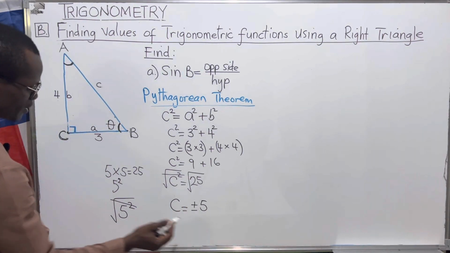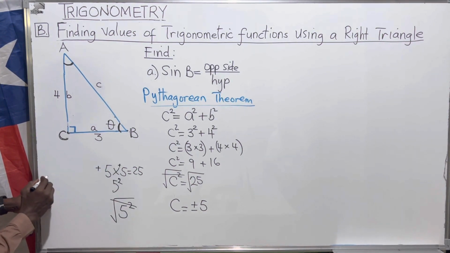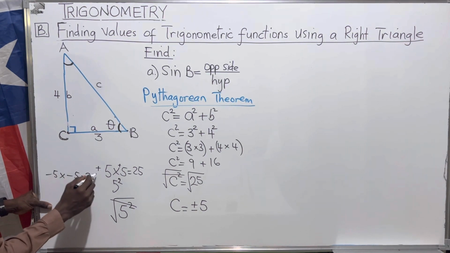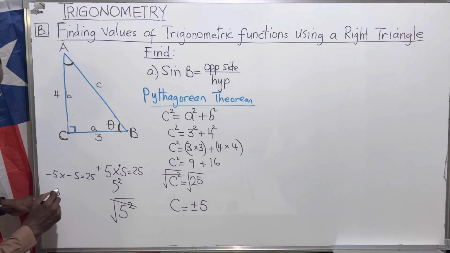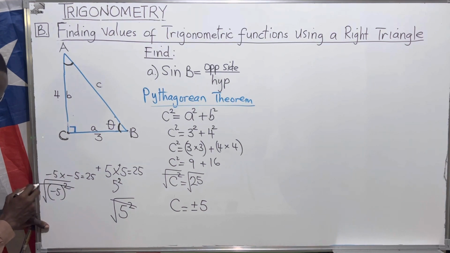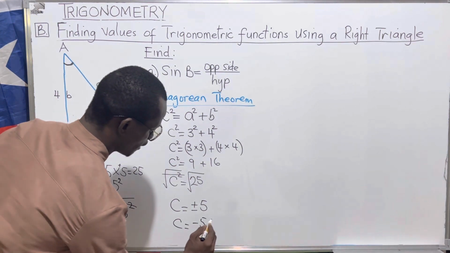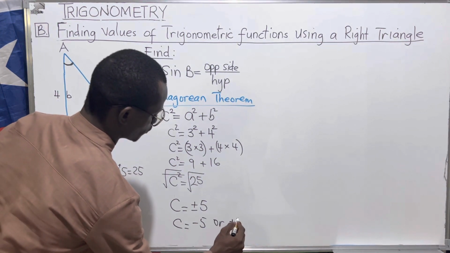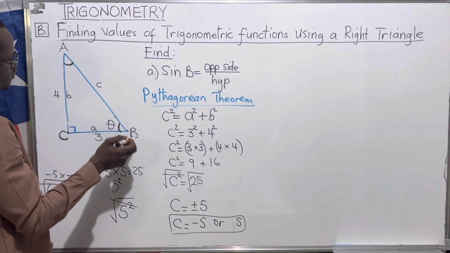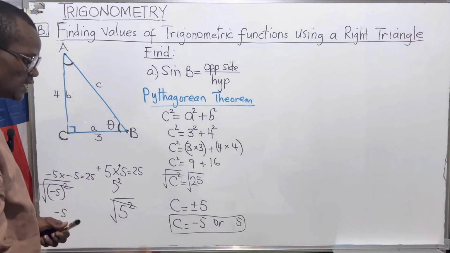The reason why we say plus or minus 5 is because positive 5 times positive 5 will give you positive 25, and negative 5 times negative 5 will give you positive 25 as well. So this can be negative 5 raised to the second power, and if you take the square root of it, you'll be left with negative 5. So the value of C is negative 5 or positive 5. Now, since we are dealing with the distance from A to B, we know that distances are never negative.